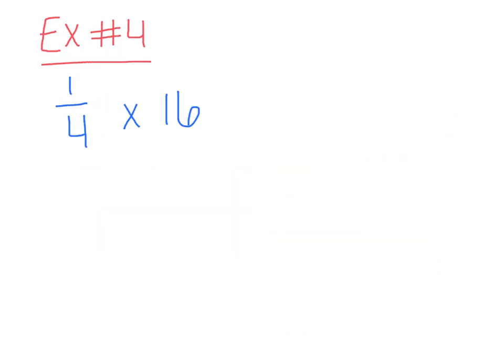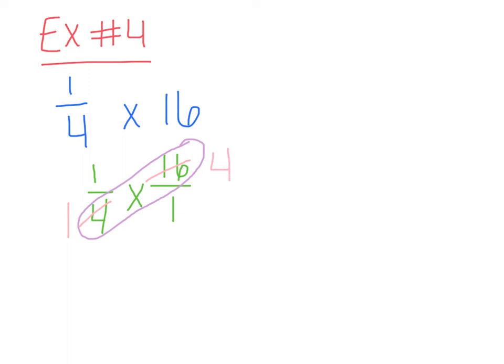All right, our last example, we have 1/4 times 16 over 1. And remember, you could just multiply straight across, or let's make it easier for ourselves and look diagonal and see if we can make our numbers smaller, which we can, because we have 4 and 16, which can both be divided by 4. 4 divided by 4 is 1, and 16 divided by 4 is 4.